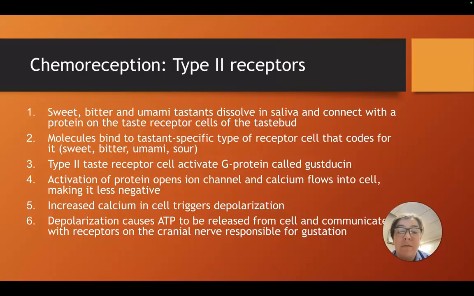With type 2 receptors, these particular receptors respond to a different category of tastants, so sweet tastes, bitter tastes, and umami. In this case, the transduction is a little different. So these tastants connect with a protein on the taste receptor cell.